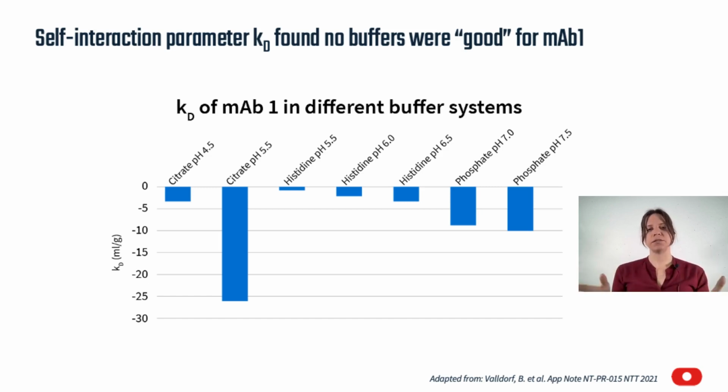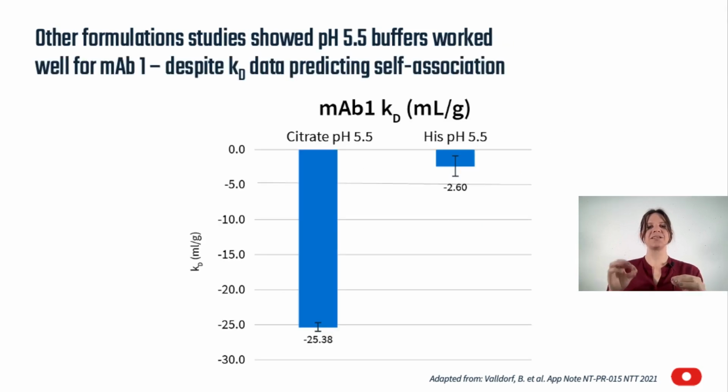However, this group had already done additional long-term stability studies, and they found that the pH 5.5 buffers did an acceptable job of keeping the monoclonal antibodies stable for long-term. So let's take a closer look at the KD values for the antibody at these pH 5.5 buffers. Both of them give negative KD values, but the group knew these buffers actually stabilize the protein in storage.